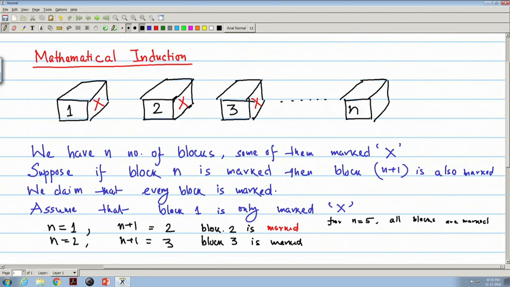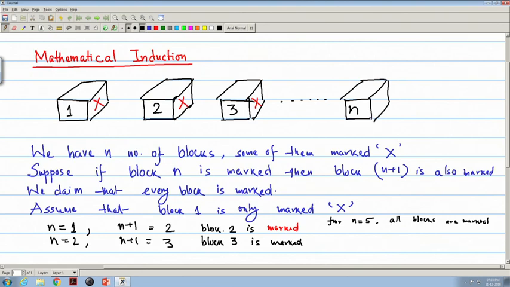This simple concept is that if it is true for one basic value and some statements are given, then based on those statements we can prove that it is true for all positive values of n, and this is actually mathematical induction.